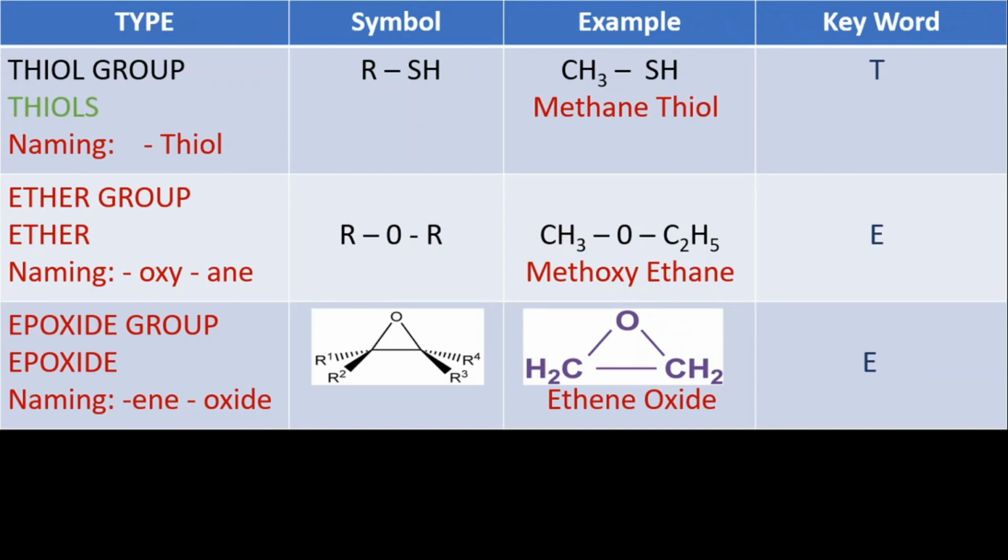The oxygen will be named with that alkyl group which carries the lesser number of carbon atoms, which in our case is the methyl group. So methyl plus oxygen makes methoxy, while the rest of the group, C2H5, is considered as an alkane, so the name will be methoxyethane. And the keyword E is used to represent the ether group. I hope it will be clear.